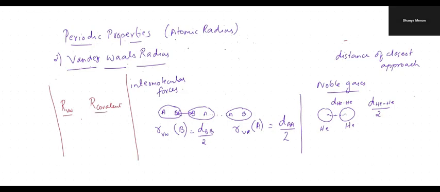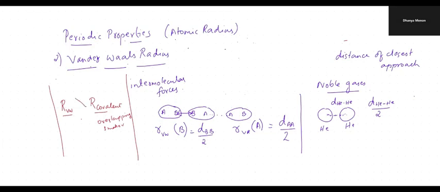In van der Waals radius, we are just measuring the closest approach. There is no overlap. Molecules cannot come very close, because if they come very close, there will be repulsion between the electrons. But in covalent, there is overlapping of the atoms. That makes it smaller, right? So which one do you think will be bigger?